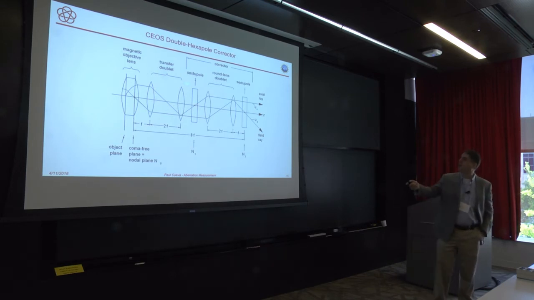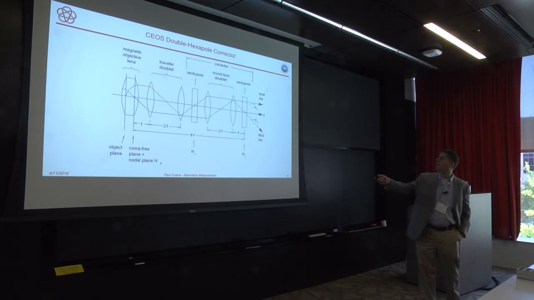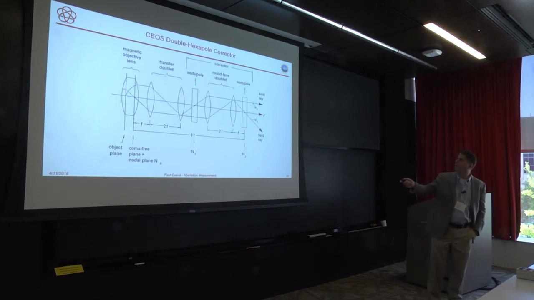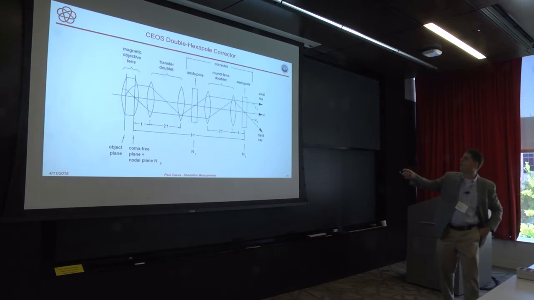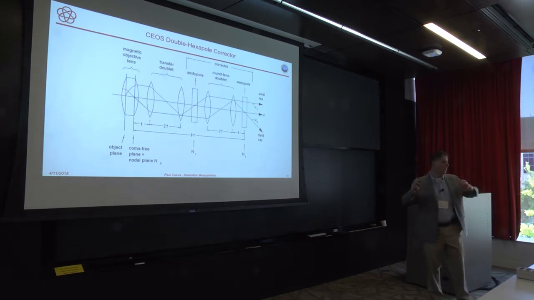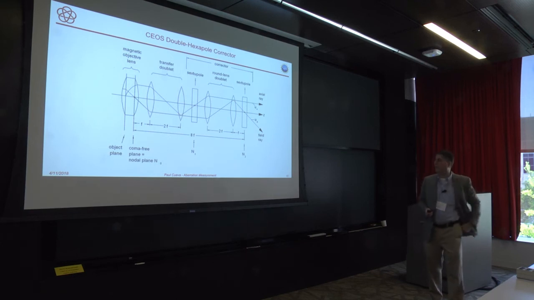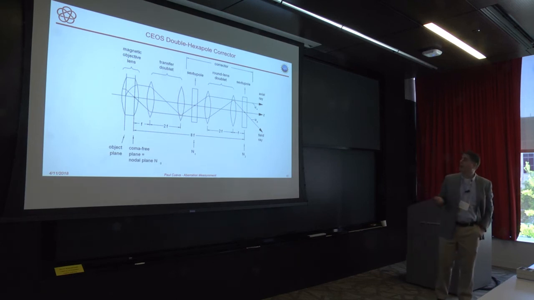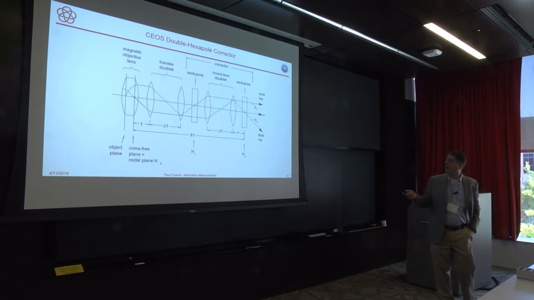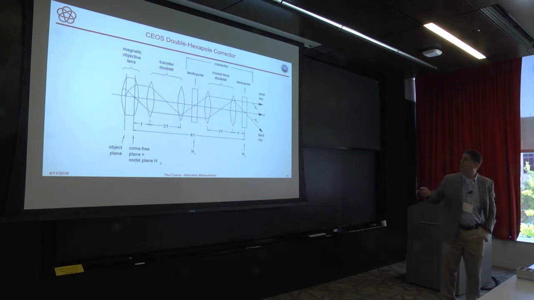And the trick to build an aberration corrector is the right-hand side over here. It's two sextupoles that are more or less set up to be conjugate to each other if you follow the ray diagrams for the axial and the field rays. And that helps to cancel some of the other orders of aberrations that otherwise would add up.